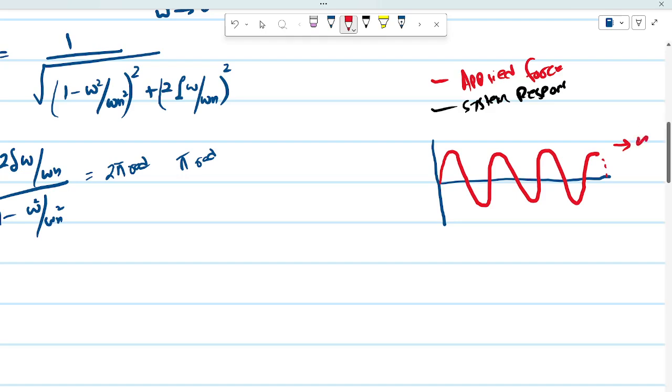Once that load interacts with the system and the system starts to respond, there will be some lagging. It won't start to respond instantly.